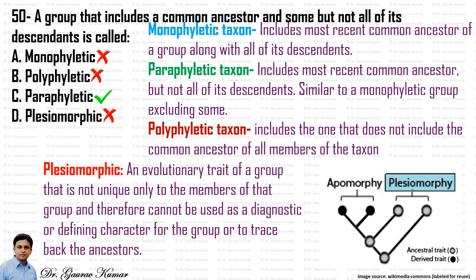And plesiomorphic is an evolutionary trait of a group that is not unique only to the members of that group and therefore cannot be used as a diagnostic or defining character for the group or to trace back the ancestor. So the question was a group that includes a common ancestor and some but not all of its descendants, which is actually paraphyletic as defined.